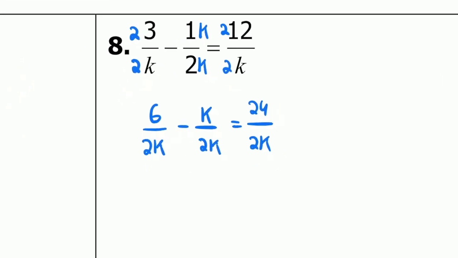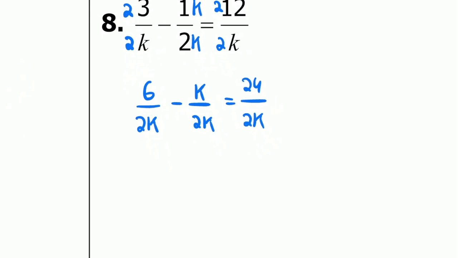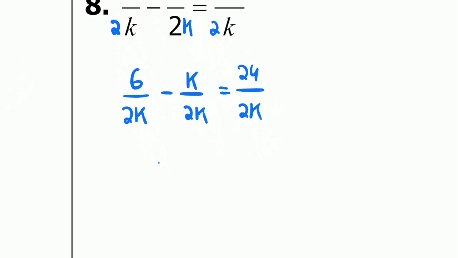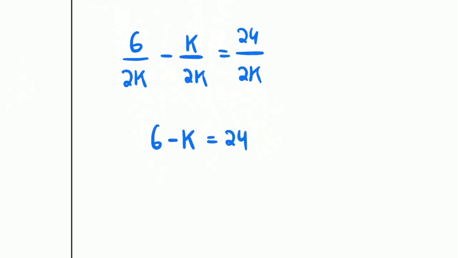Now that all of my fractions have the same denominator, I can just set my numerators equal to each other and solve: 6 minus k is equal to 24. Just a couple steps here, I'll get negative k is equal to a positive 18. So then k is going to equal negative 18.